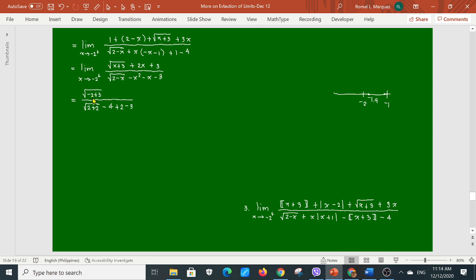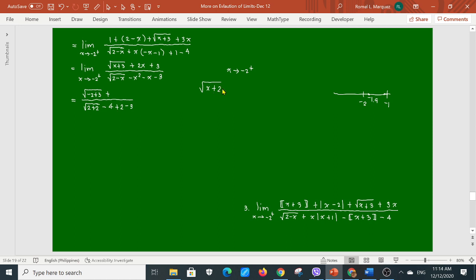Because if, let's say, this is approaching 0, but through negative values, you cannot apply direct substitution to the radical. You have to be careful with the radical. If I have, let's say, x plus 2, and your x is approaching negative 2 from the right. What are the values to the right of negative 2? That is negative 1.9, no?